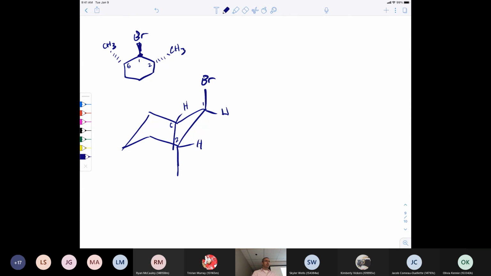Can this one do E2? Does it have any beta hydrogens? Yeah. It's got this one and this one, right? These are beta. But they're in the wrong conformation. They're not anti to the leaving group. So those ones aren't going to do E2. In the anti positions, we got methyls. Methyls are no good there. We need hydrogens.